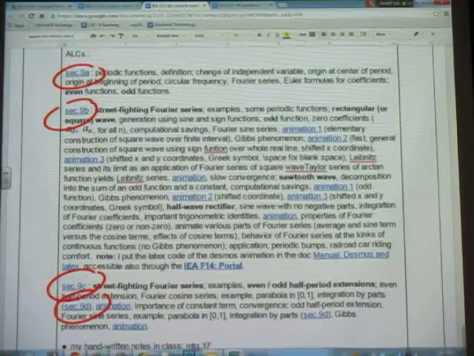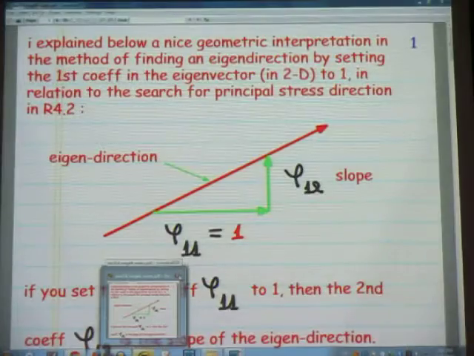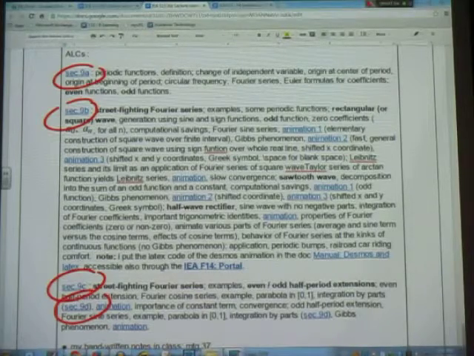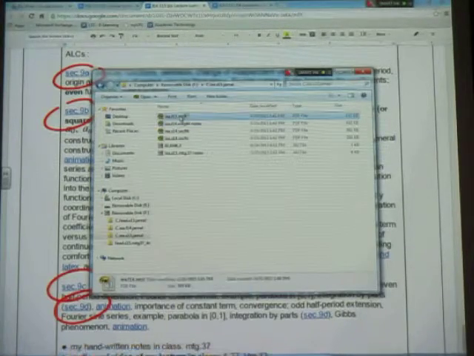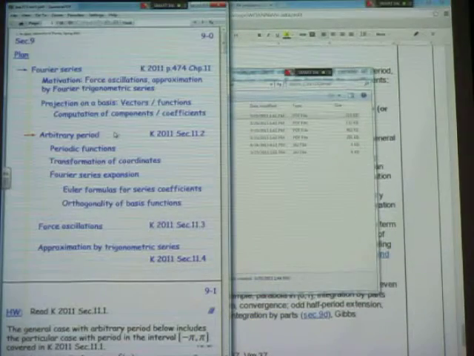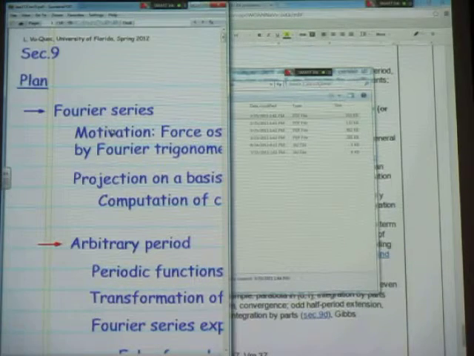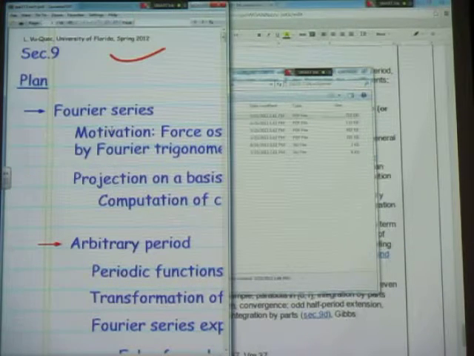So 9A, I just want to show you the definition of odd function and even function in section 9A, also called section 9. This is the notes that I wrote since spring 2012.